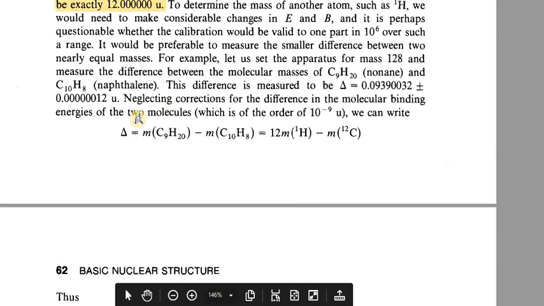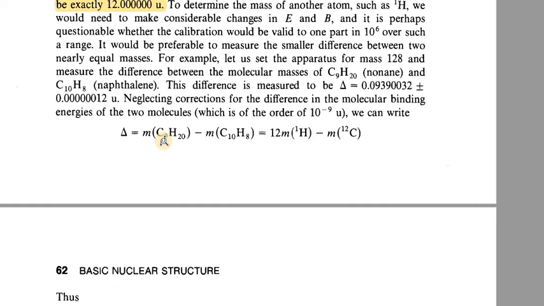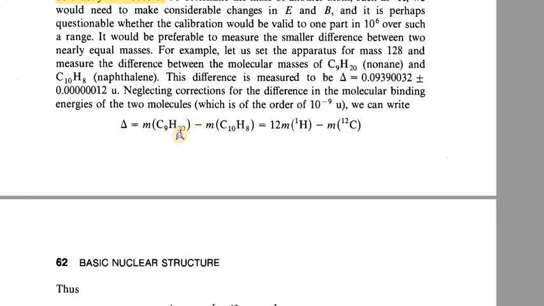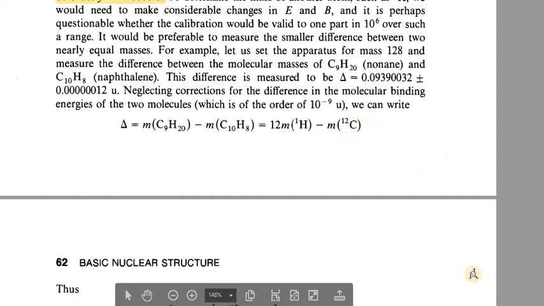and we find the mass differences, denoted by delta. Then the masses of nonane C9H20 and naphthalene C10H8 are calculated with respect to carbon 12, as 12 times the mass of hydrogen 1H minus the mass of carbon 12.